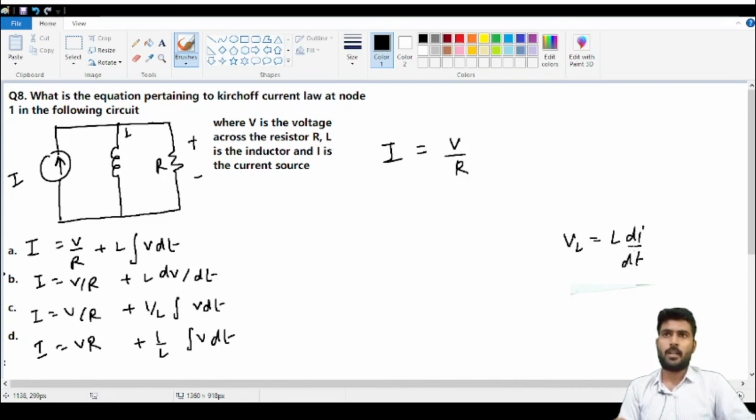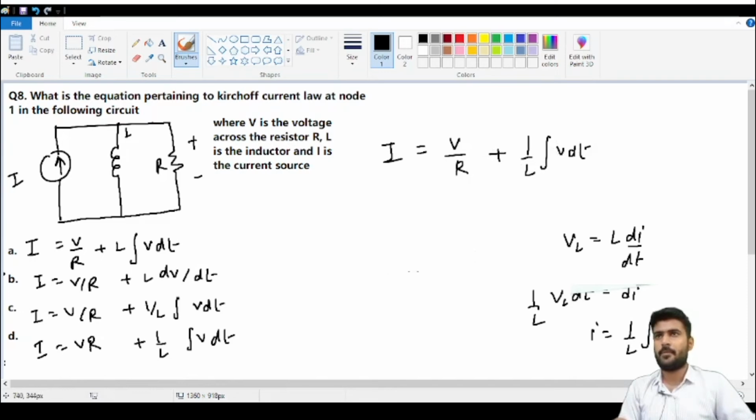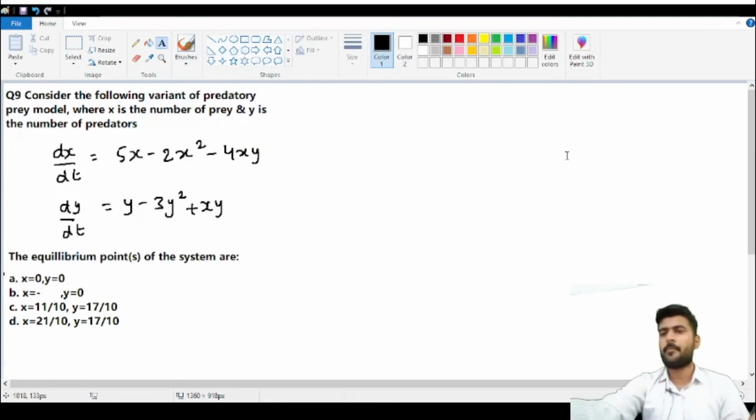So we want the current across the inductor. So V equals L di by dt, so di by dt equals 1 upon L times V, and i will be equal to 1 upon L integration V dt. So we will get plus 1 upon L integration V dt. Option C will be the correct answer.